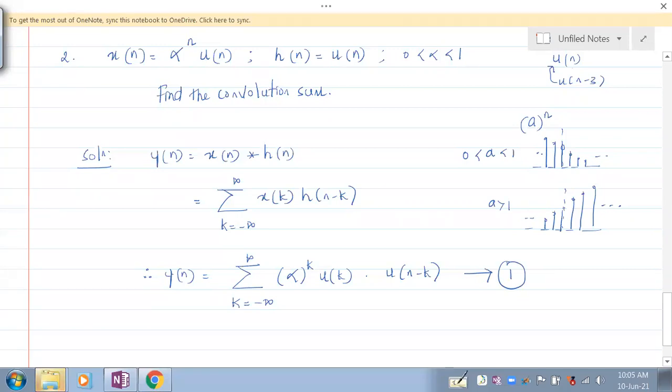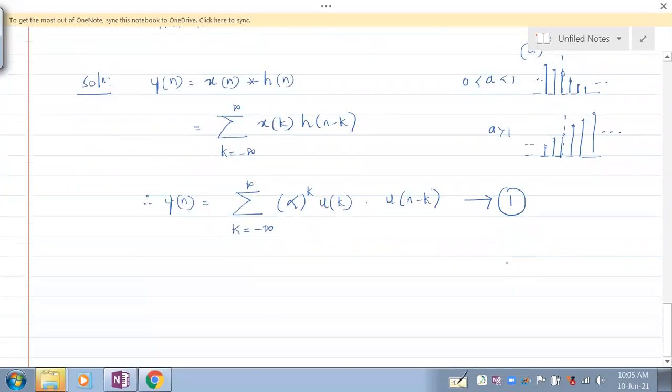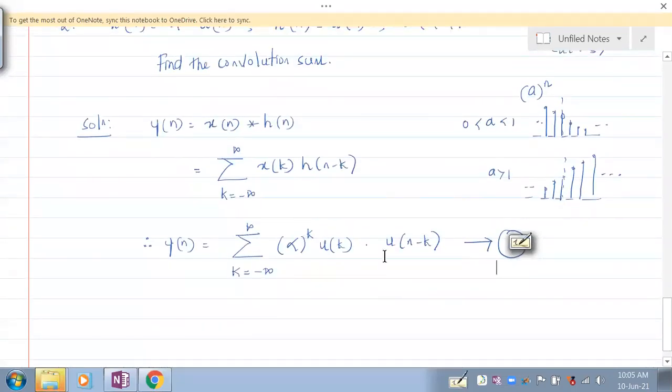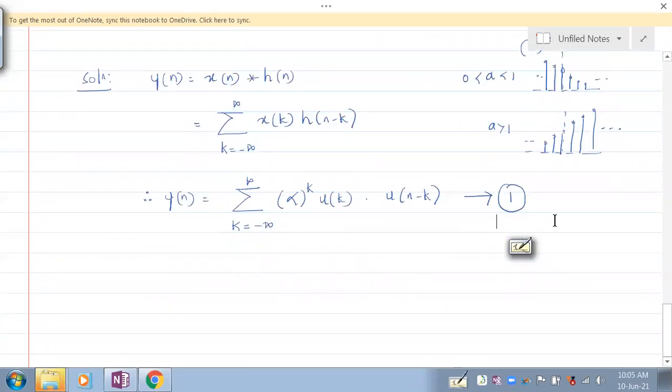Fine. Now we have to sketch the signal with respect to k, because once these signals are in the equation of convolution sum, the x-axis is k. What is the range of this alpha power k? Anybody? Tell me.